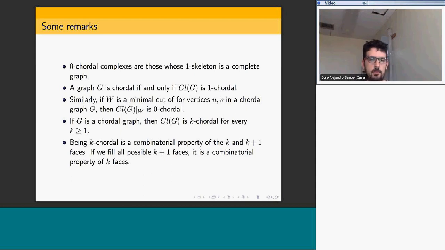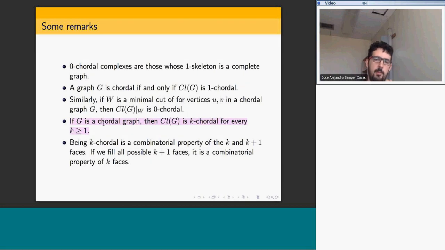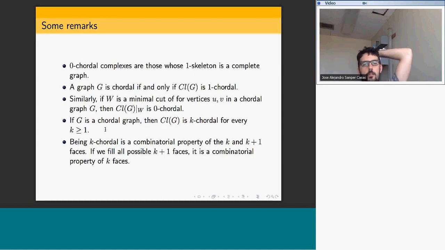We skip the remark, which I'm going to address later. But let's notice another nice thing that happens for graphs in higher dimensions: if I have a graph G, then the clique complex of G is k-chordal for every k greater than or equal to 1.